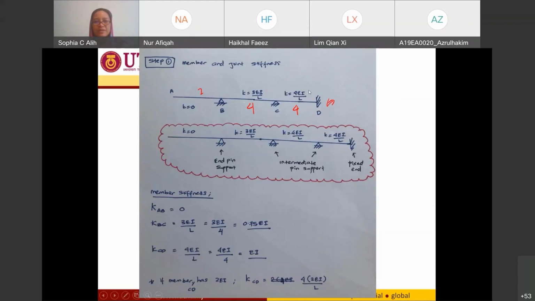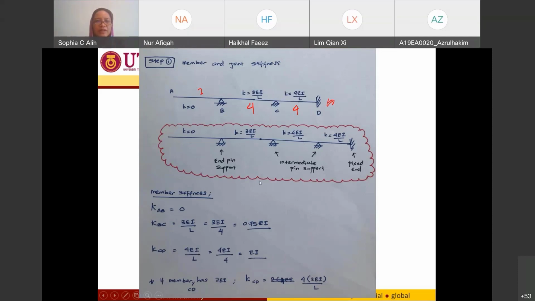And for member stiffness CD, it is going to be 4EI over L because it is supported at one end with the fixed support and at the other with the intermediate pin support. So you have 4EI over 4, which equals EI. Now I mentioned that if the member has 2EI, you have to do it like 4 times 2EI over L. So it depends on the material properties given to you.